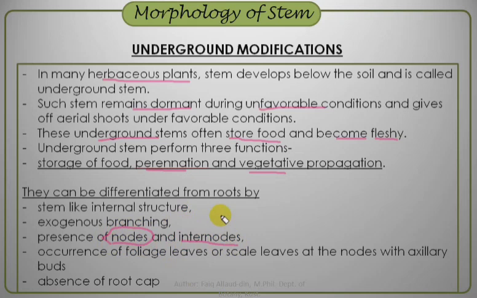The nodes and internodes indicate that this underground part of the plant is actually a stem. If nodes and internodes are absent, then that will be a root. Occurrence of leaves also indicates that these underground parts are actually stem, and absence of root cap is also a characteristic of an underground stem.